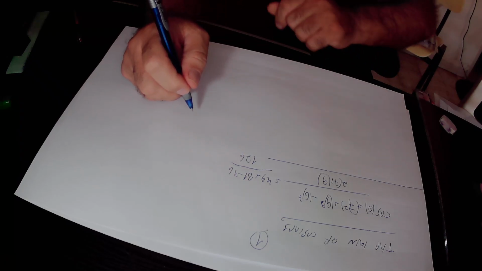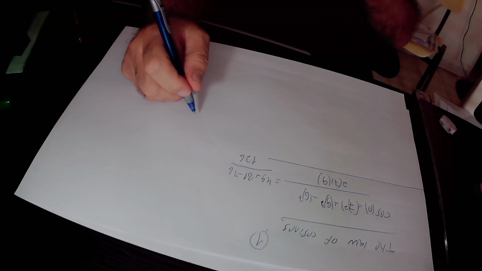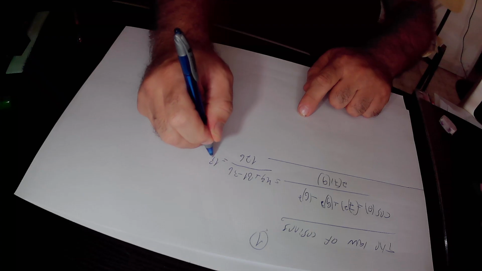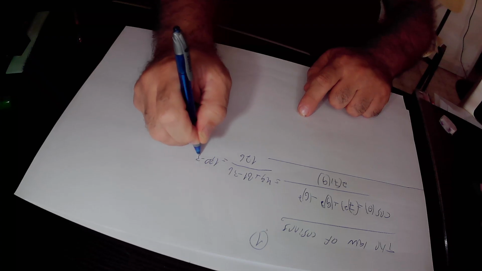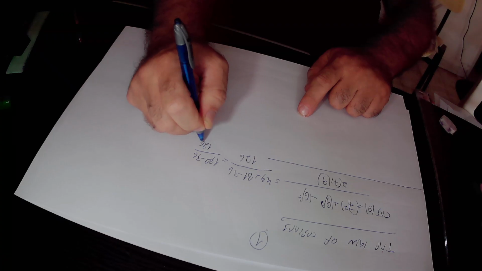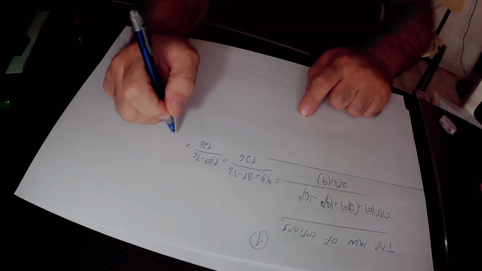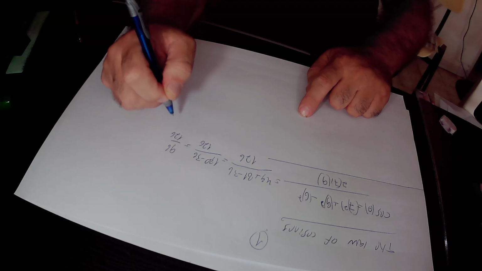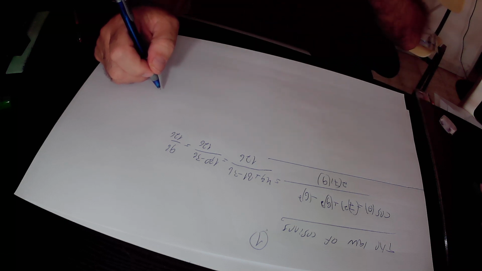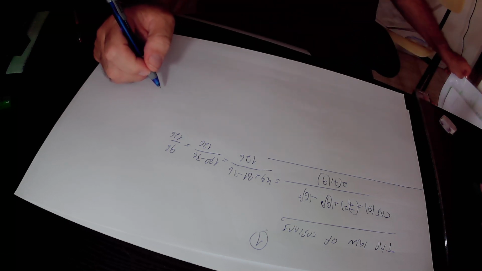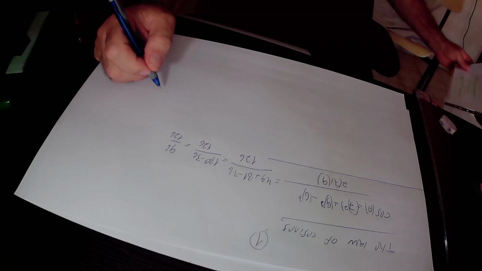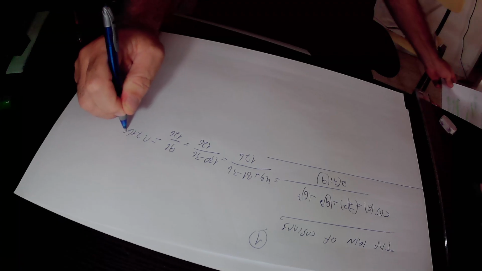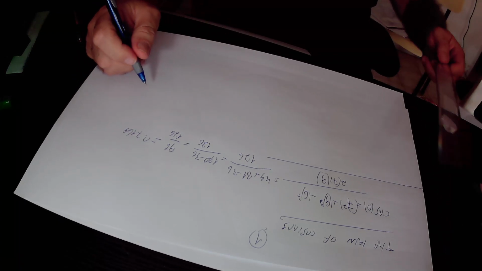So then we found that cosine theta equals 49 plus 81, that is 140, minus 36 over 126. 140 minus 36 is 96 over 126. So cosine theta equals 96 over 126, which is 0.7169.